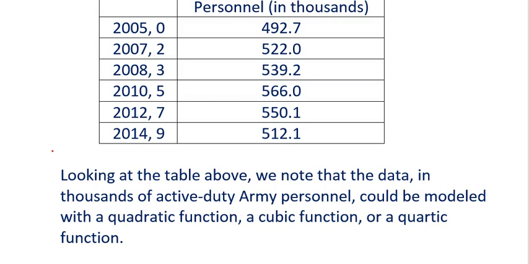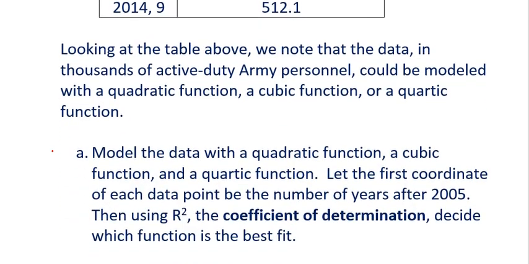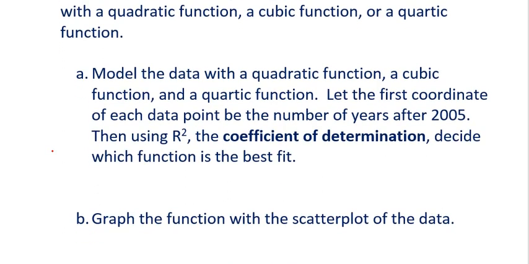Your calculator has the ability to calculate equations in quadratics, cubics, or quartics. So for part A, what they want you to do is model the data with a quadratic function, a cubic function, and a quartic function, and use not the year, but the 0, 1, 2, 3, 4 type thing. And then look at the r squared value and decide which one is the best fit.